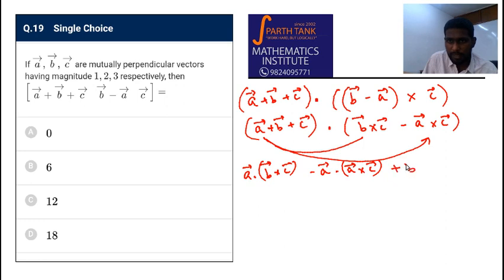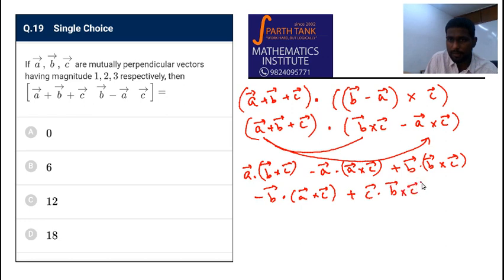Next, b dot b cross c minus b dot a cross c. Then c dot b cross c minus c dot a cross c.